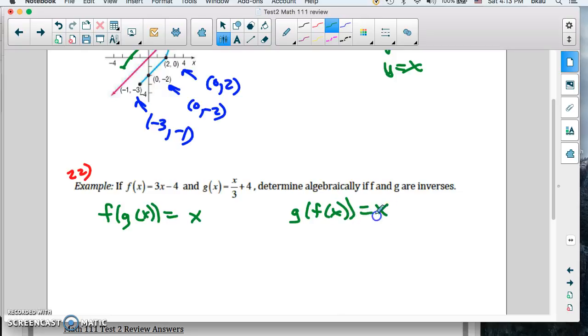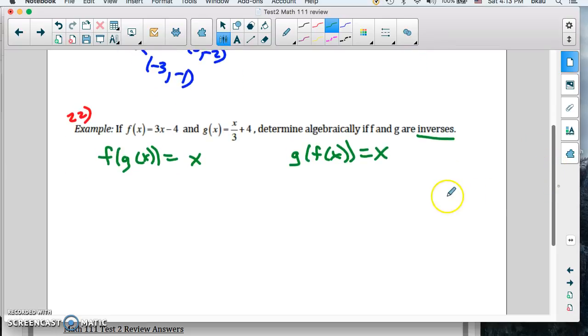In order for that to occur, that tells you that they're inverses. So we want to take that composite and see if we get x. Now, if you don't get x the first time, you can just say no. If you get x the first time, you have to try the second one too. If you get the first one to be not x, then you can stop there.